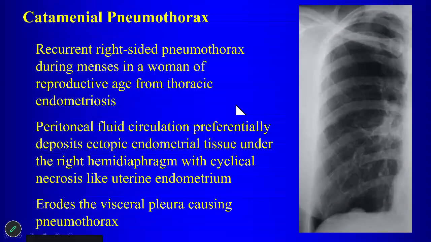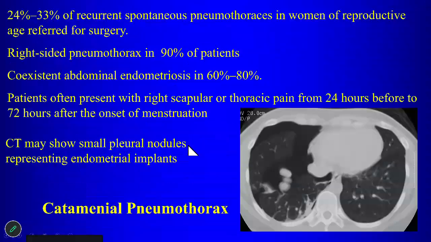Usually these lesions are on the right side, and they represent endometrial implants that get into the pleural space. About a third of recurrent spontaneous pneumothoraces in women of reproductive age, mostly on the right side, are associated with endometriosis. They might have pain because the endometrial implants erode or irritate the pleural surfaces.